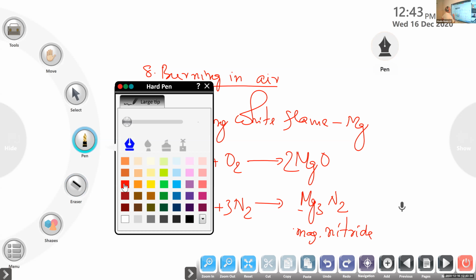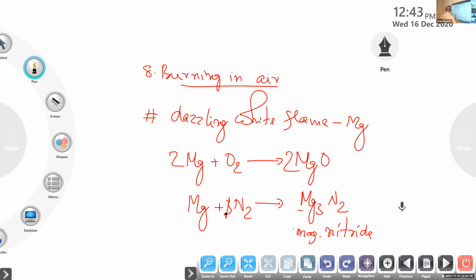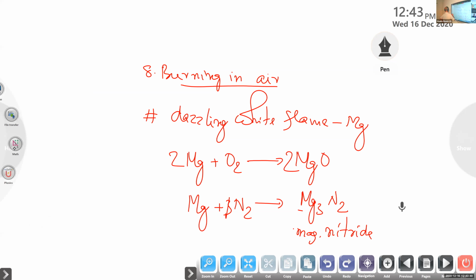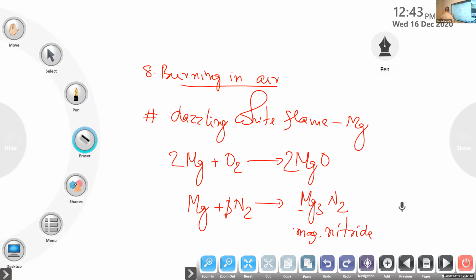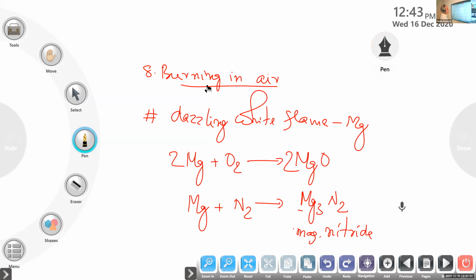You try it yourself. Let us see whether we can balance it or not. You can use a hit and trial method.